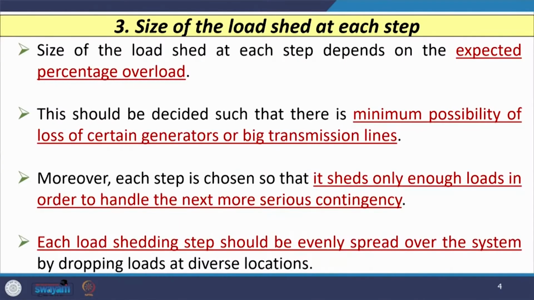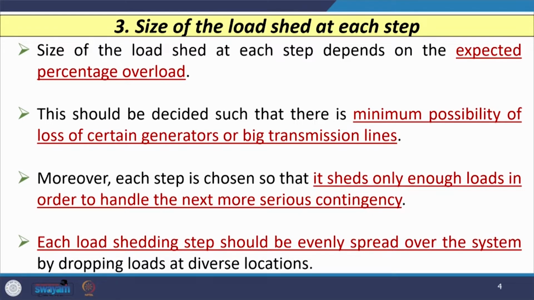Moreover, when we decide the size of load to be shed in each step, then during each step we have to see that the load is shed only for the particular step we handle, and in each step the load that is shed should be such that the system is capable of handling the next severe contingency if it occurs.